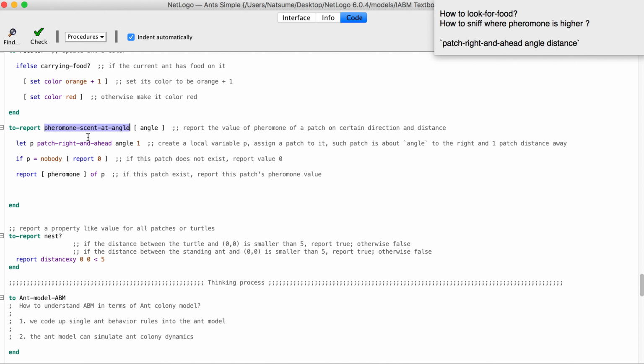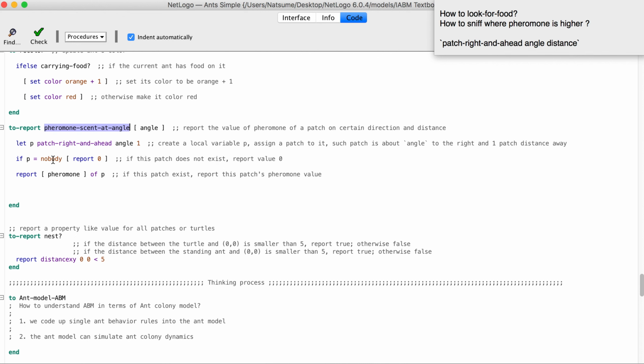This part says, go and find a patch which is one distance away from where the turtle is, and to the right by a certain degree. So if this is 45, then we are trying to find a patch which is one distance away from where we are, and also turned 45 degrees to the right. And we assign this patch to p.